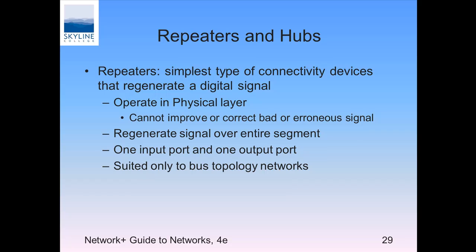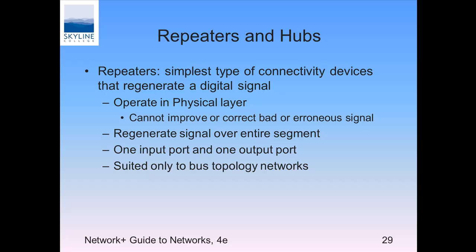Let's think about it just for a minute, and we'll kind of mix hubs and switches together. What does a hub really do? It's a physical layer device suited only to bus topology networks. If it's a bus topology, what does that mean for real? That's layer one. Probably going to be half duplex.